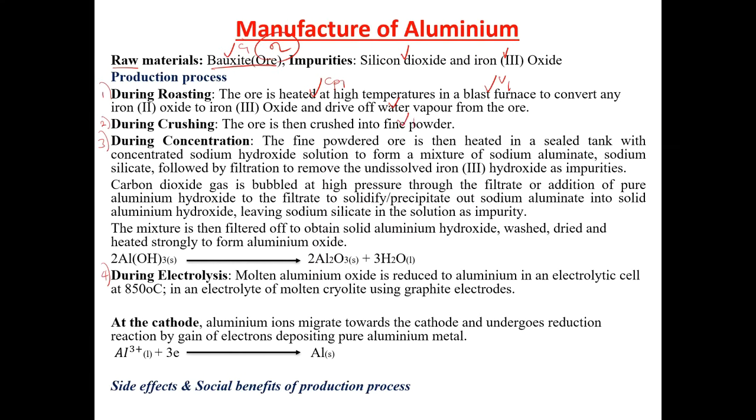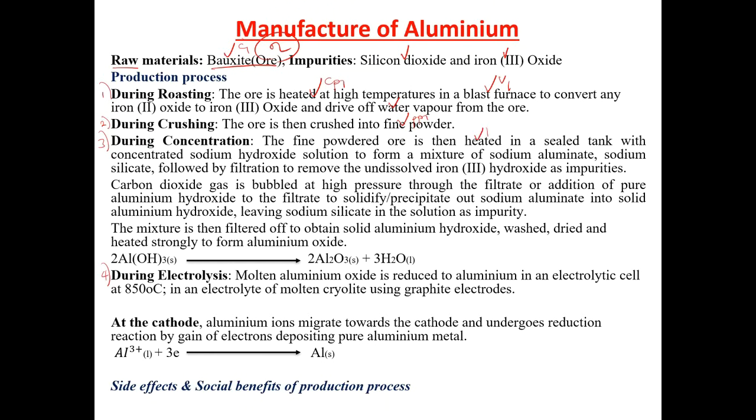This is the physical process. When it is being crushed into fine powder, there's no new chemical change, no new substance formed. Instead, you are changing from a solid to a bigger solid, maybe, to powder form, increasing surface area. Now, during concentration, the fine powdered ore is heated.